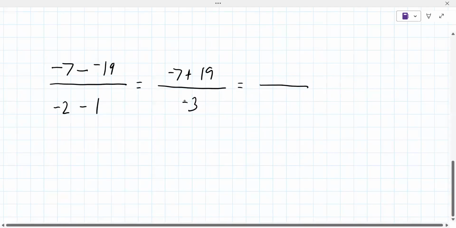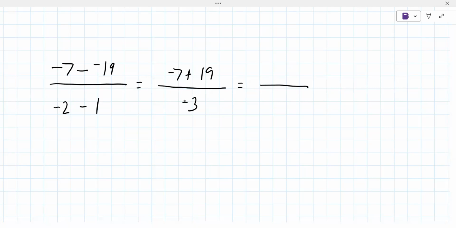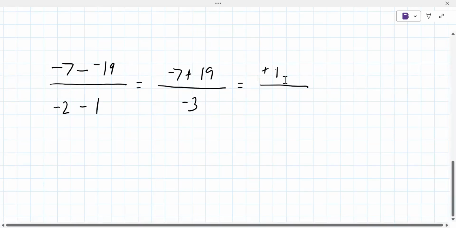What does the top become? They're opposite in sign, so you've got to first determine whether the answer is positive or negative. Oh, I see. Okay, positive. Then you take the larger number, 19, and subtract 7.